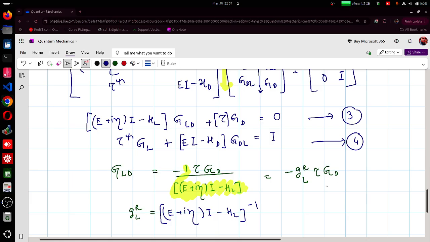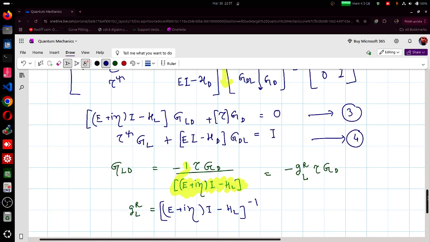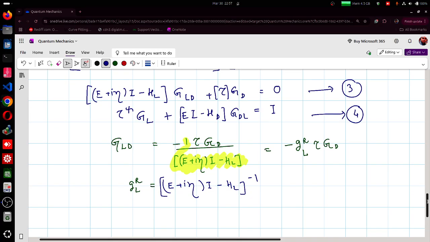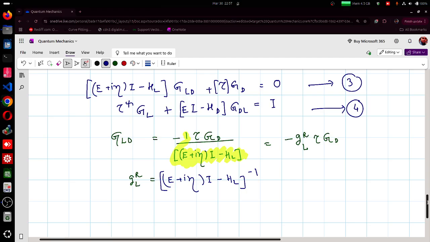So now what you can do, you can write GLD means GDL, right? Now your GLD is this, and you can easily get GD.